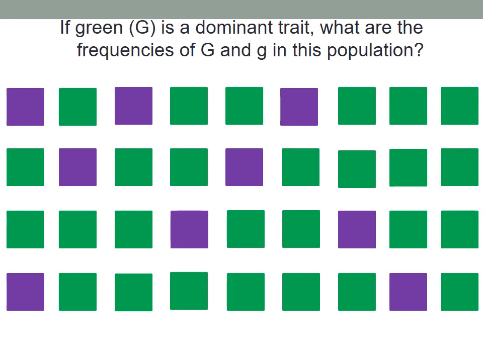Well, p is 0.5, and q is 0.5, and then 2 times 0.5 times 0.5, well, that's 0.5. So 50% of our squares are heterozygotes. Work through this. Figure it out. Make the math make sense to you.